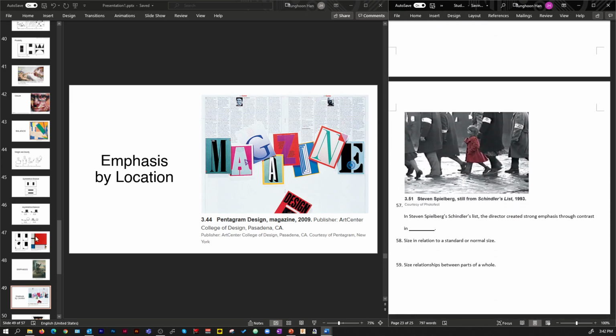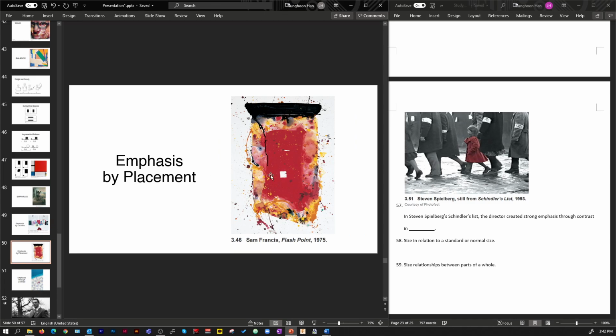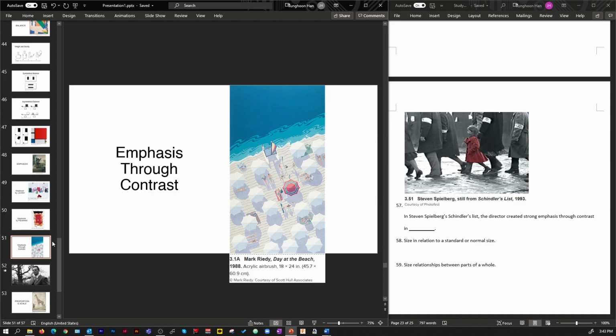Question here, we looked at this film. Oh, so I just want to go over the different types of emphasis. So there's emphasis by location, emphasis by placement. Just by putting this white void right here, right next to these really vibrant colors, we can see it has such a strong emphasis. And it can be emphasis through contrast. We just looked at how this red umbrella has the strong contrast to these white umbrellas.